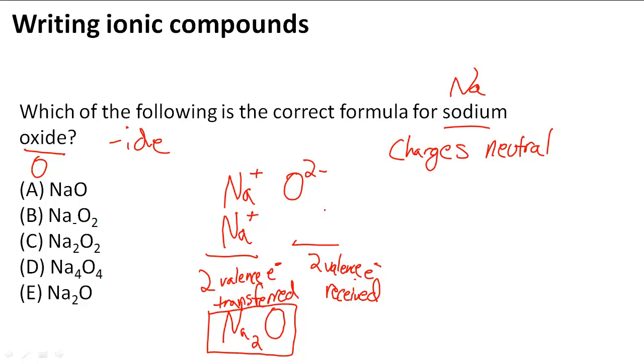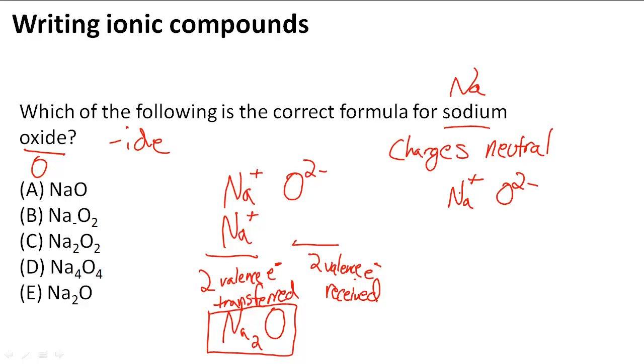Let's learn the second way, which is going to help us with charges like this, ones that are uneven. Because it would be very easy if this was 1, we would only need 1 Na and 1 of whatever the other element was, because those charges are 1 to 1. However, when the charges are not 1 to 1, like Na and oxygen, we're going to do Na plus and O 2 negative.